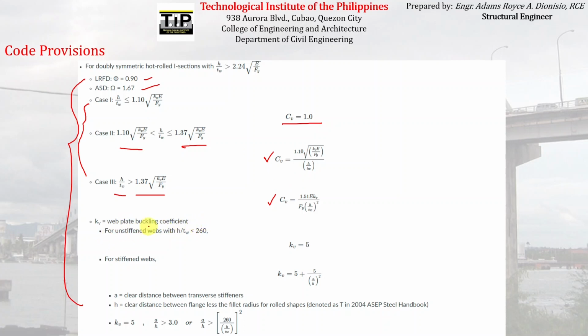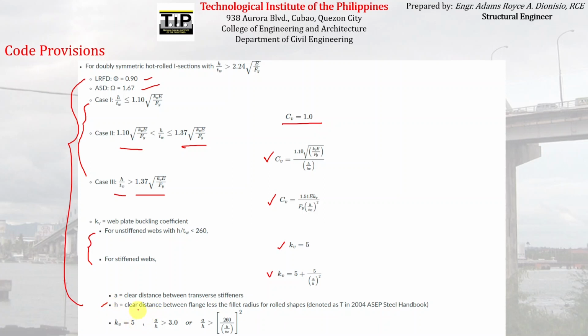The value of that web plate buckling coefficient can be found here. For unstiffened webs with thickness ratio less than 260, you can use kv equal to 5. For stiffened webs, we can use a value of kv equal to 5 plus 5 over (a over h) quantity squared, where a is the clear distance between transverse stiffeners, and h is the clear distance between the flanges less the fillet radius, so we already defined that h.